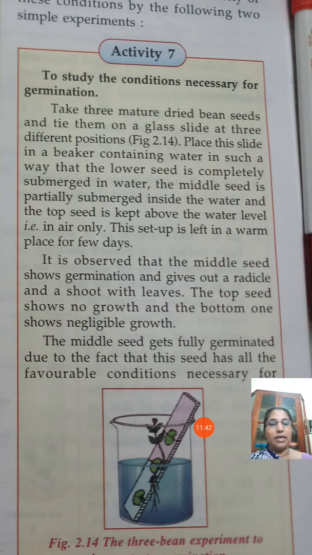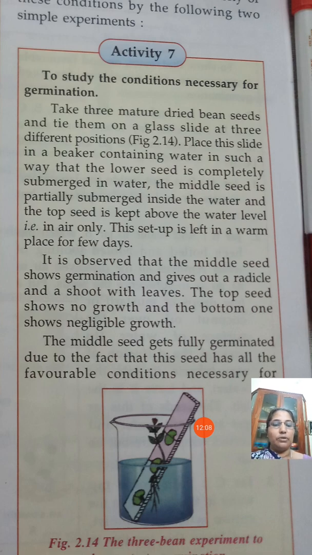Here three bean seeds you can see are tied or fixed to a glass slide. One seed, the lowest, gets only water. The middle seed gets water as well as air. The uppermost seed gets only air, and does not get water.